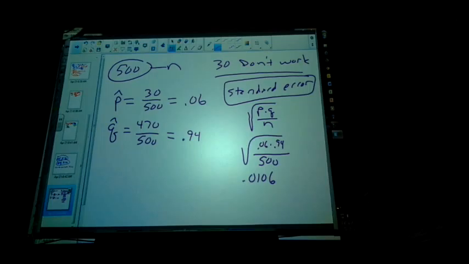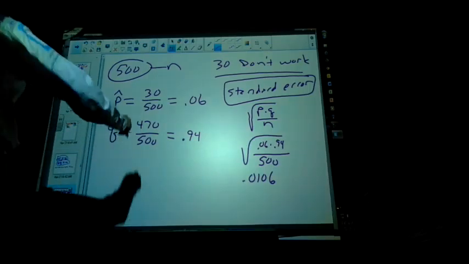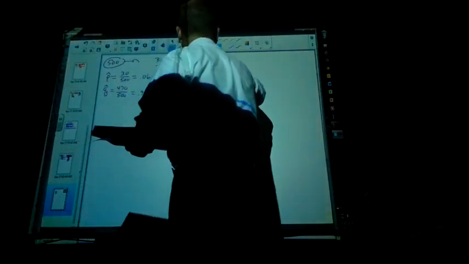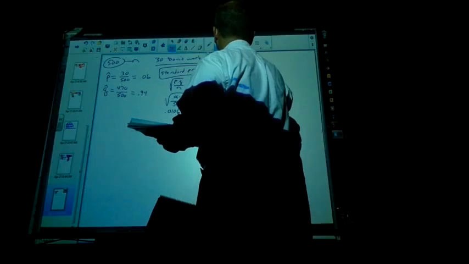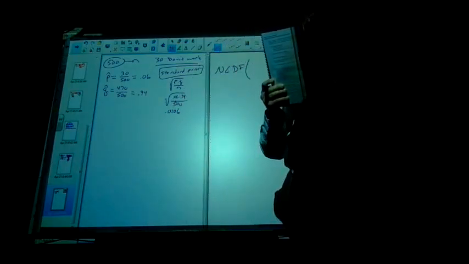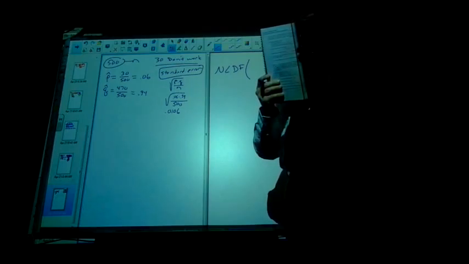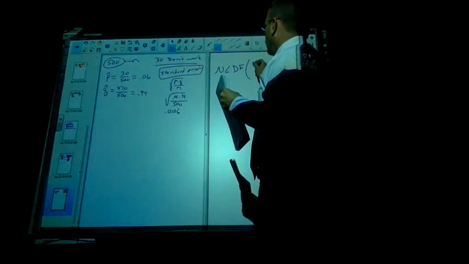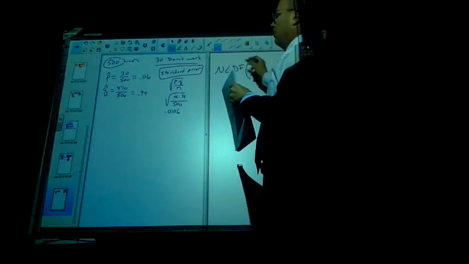You have to use the NCDF, the normal distribution. So I'm going to use the NCDF, and we're going to do it this way. NCDF of 30 over 500, or I could have plugged 0.06 in.